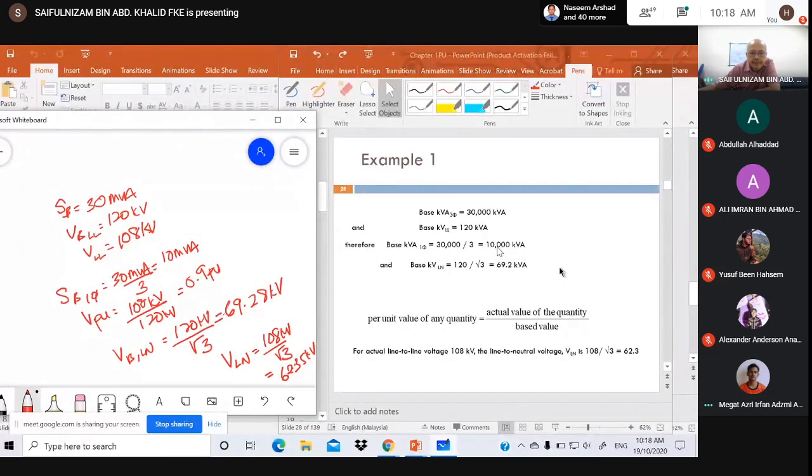And then the base line to neutral is 69.2, right? And then the line to neutral voltage is 62.3, right? So any questions so far? No? Okay.